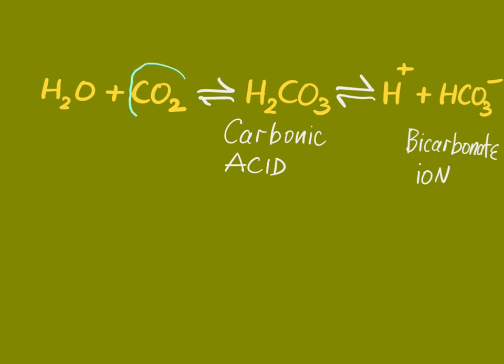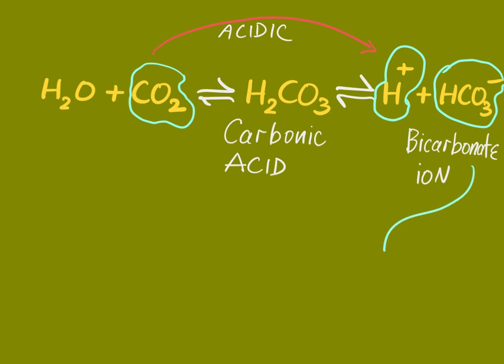When the levels of carbon dioxide in blood increase, it combines with water and becomes an acid, which is carbonic acid. As we know, acids release free hydrogen ions, and so the level of free hydrogen ions goes up in the blood, making the blood acidic.